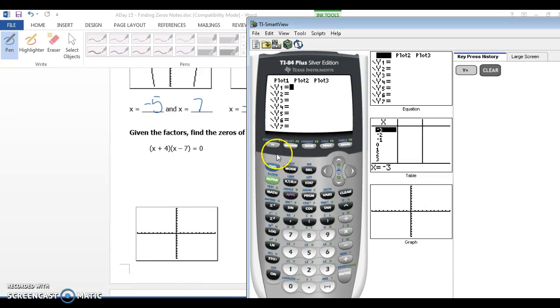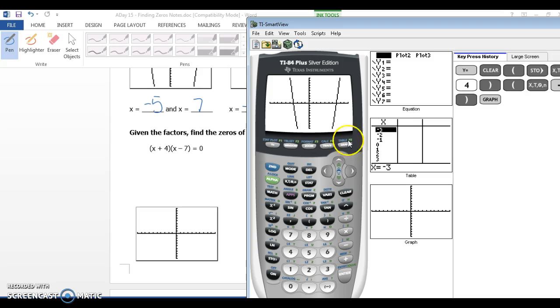So what I'm going to do is go to y equals, and put the factored form on your graphing calculator. So I'm going to put (x plus 4)(x minus 7). Okay, so once I graph it, I just need to hit graph.